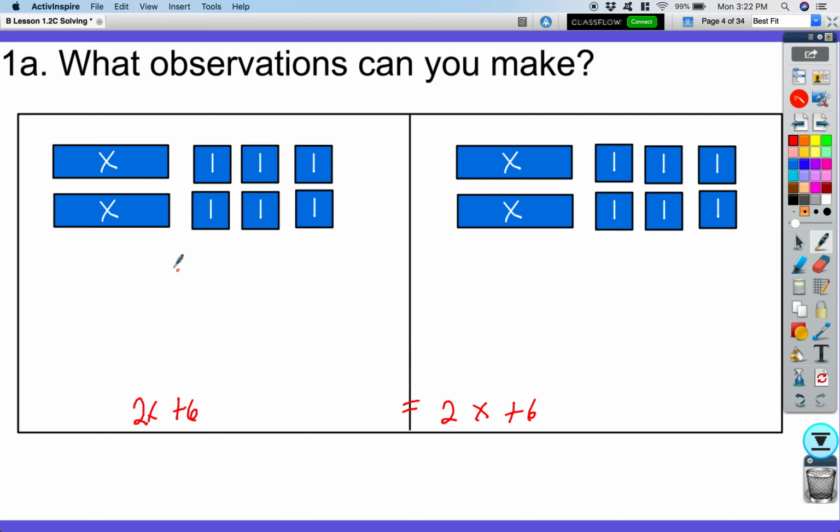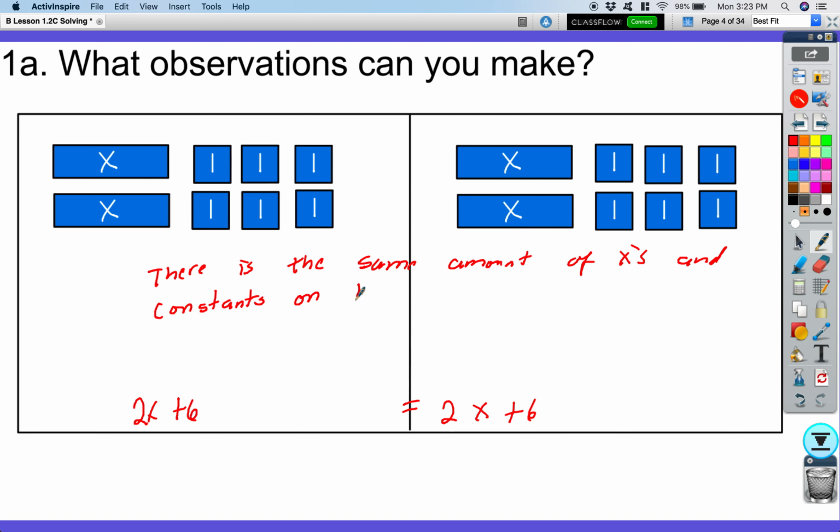Well, I can observe that there is the same amount of x's and constants on both sides of the equation.